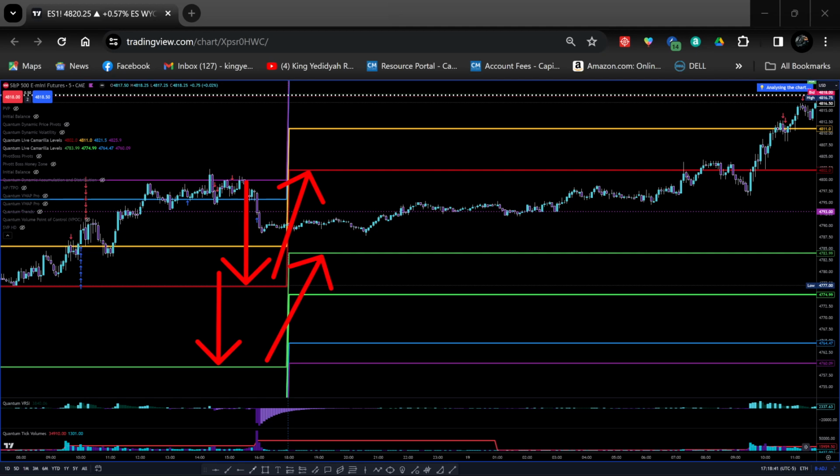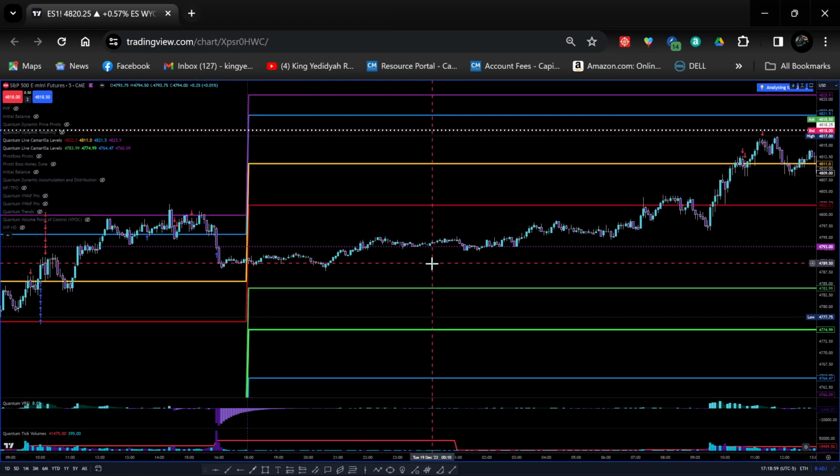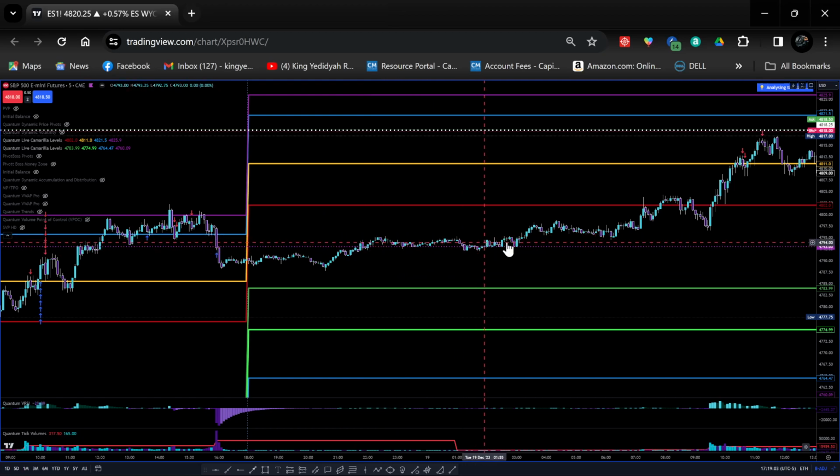Let's call out those levels. Camarilla S3 today is at 47.84. Yesterday's Camarilla R3 was at 47.76.75 and today's Camarilla R3 is at 48.02. So we basically opened within range.